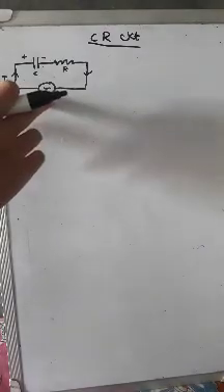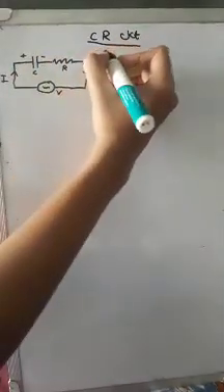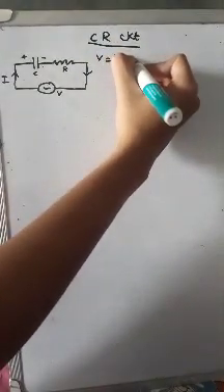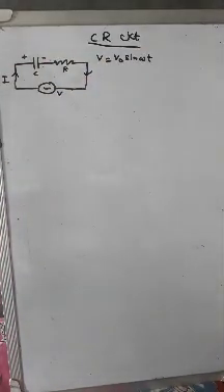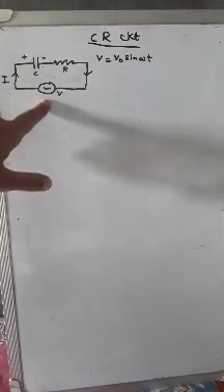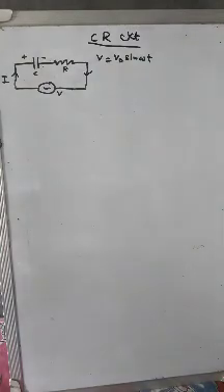The alternating voltage applied to the circuit is V equals V naught sine omega t. This is your alternating voltage applied, and for this you can see the respective current flow.